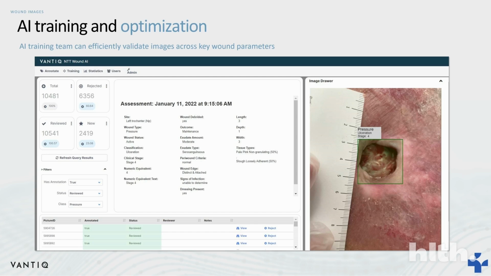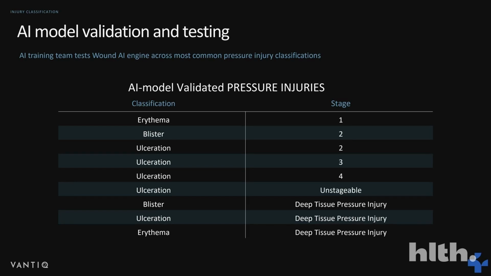So contextualization is key. What I can validate and verify is that Vantic has built a tool that actually auto-identifies the wound from everything else, the signal from the noise.